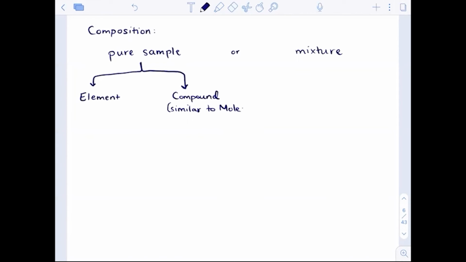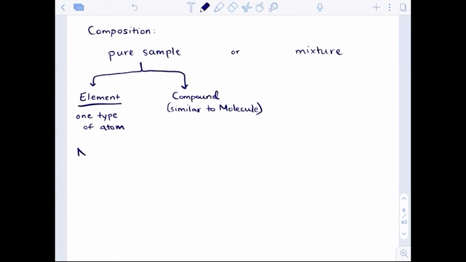We're going to call them the same right now, so you can interchange those. Once we get into the type of bonding that we'll see in chapter 3 and 4, that's when we'll get to have something more specific. But for an element, one type of atom.